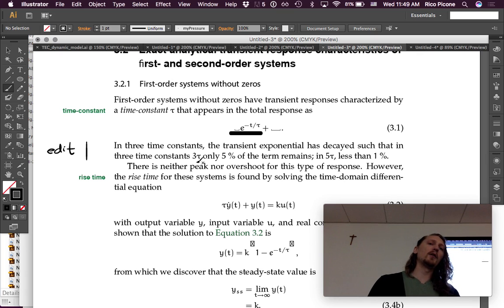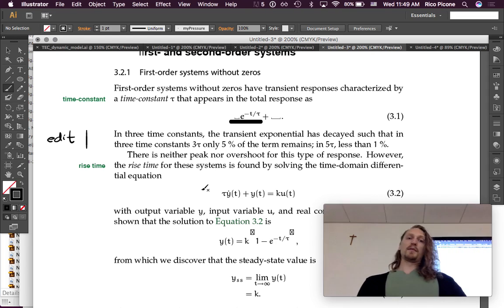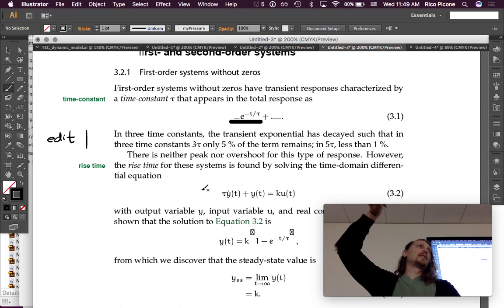At 3 time constants we're getting pretty close, and at 5 time constants we're real close. There is neither peak nor overshoot for this type of response. They're just exponential decays, so they don't peak, they don't go past, they don't overshoot.